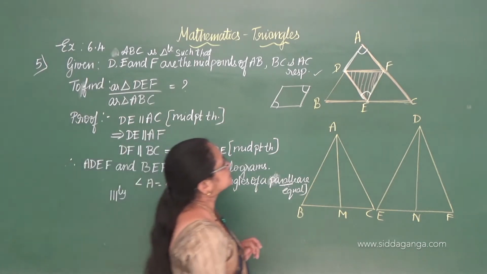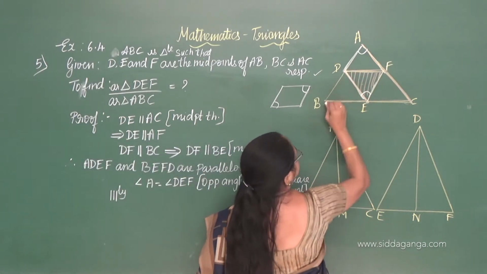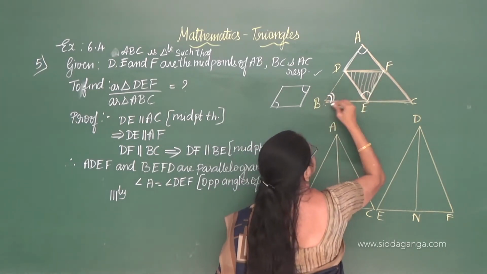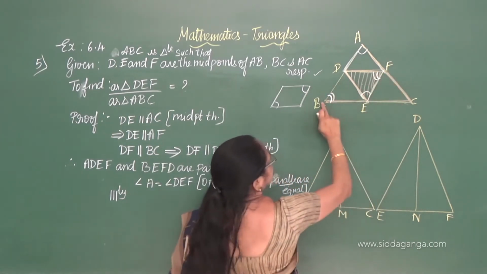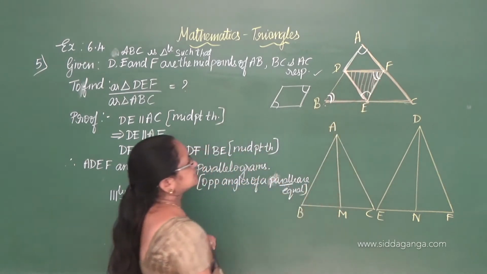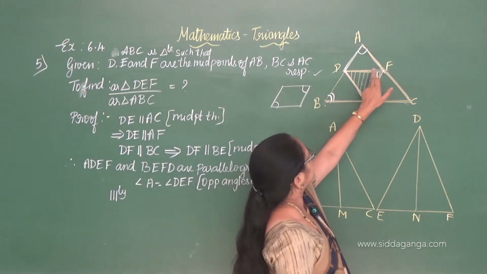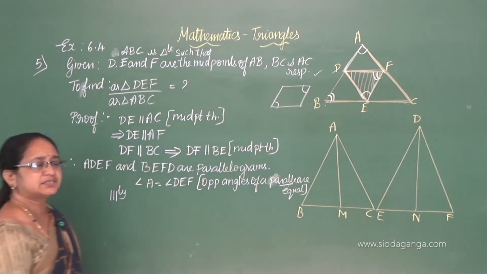Similarly, now one more I'll consider. In DBEF, can I say these two angles are equal? So consider only this parallelogram, that is DBEF. So angle B is equal to angle DFE. Can I write that?